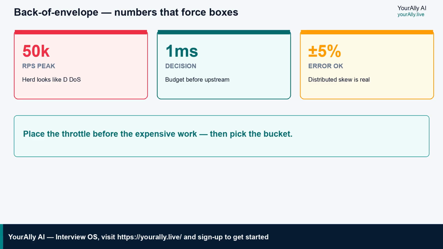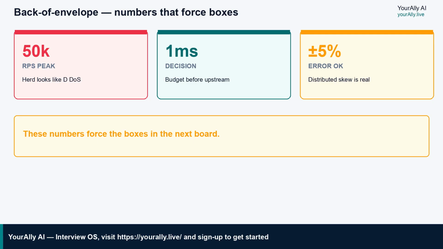Back of envelope. Numbers that force placement. Peak herd around 50,000 RPS. Decision budget about 1 millisecond before upstream work. Accuracy tolerance may be plus or minus 5% under multi-node skew. Say the bound so you are not pretending perfect global fairness across every pod. Counter storage is tiny. The envelope is not about terabytes.